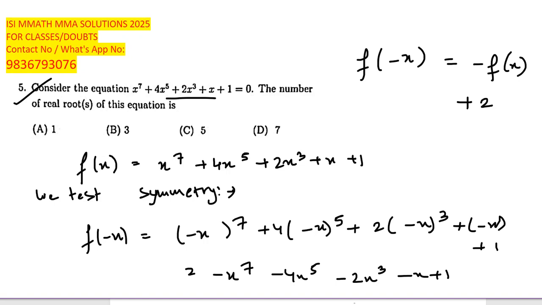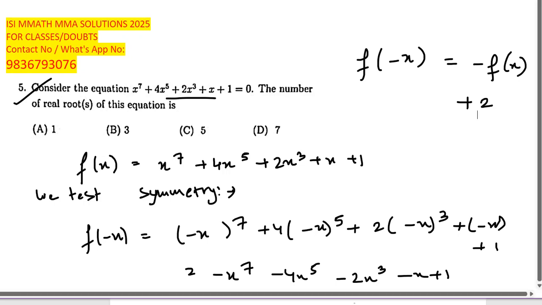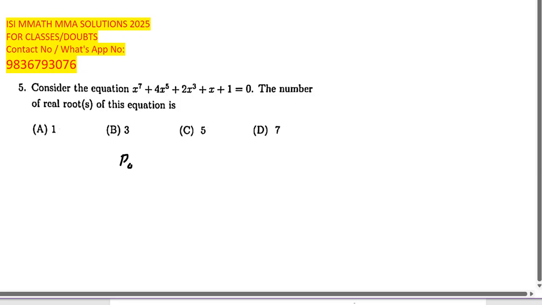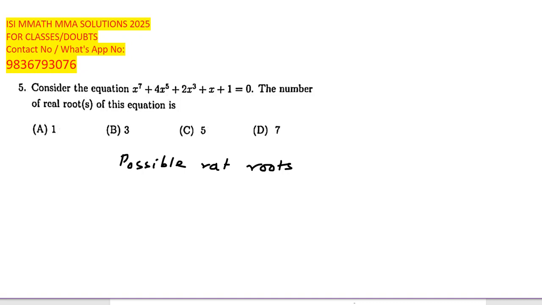Now we will try the rational root theorem. The possible rational roots are factors of the constant term. So we will test x is equal to minus 1.